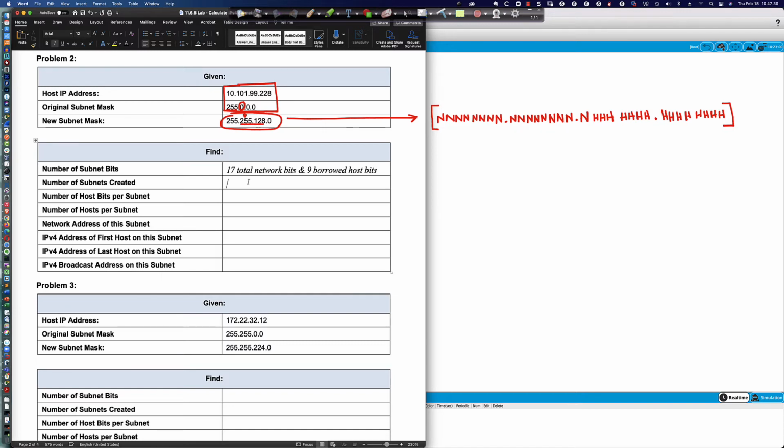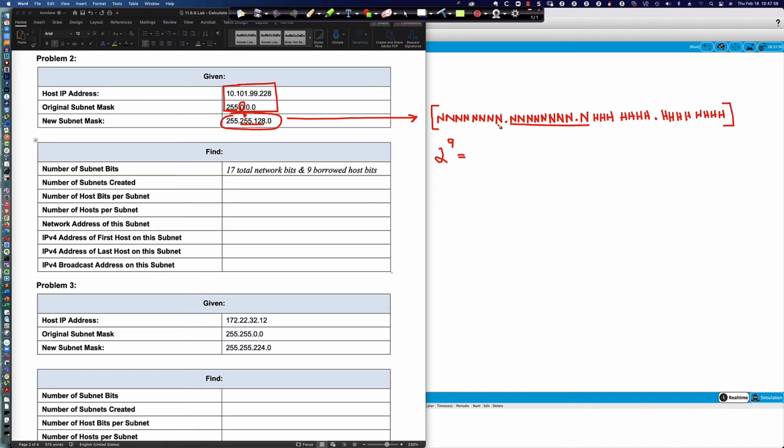All right, so number of subnets created. Well, the equation, or the little shortcut that I showed you earlier, is you would take 2 and raise it to the number of borrowed bits. So we would say 2 to the 9. Well, we know that 2 to the 8, if all 8 of these bits are on, would be 256, right?